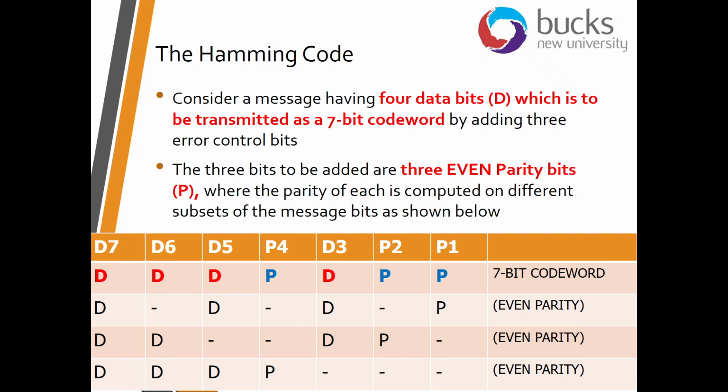So the complete 7-bit code word contains 3 parity bits and our 4 data bits, but for individual parity bits, parity bit 1 contains data bits 3, 5, and 7. Parity bit 2 contains 3, 6, and 7. And parity bit 4 contains data bits 5, 6, and 7. And it calculates even parity for each of those parity bits based on the combination of data bits within its check.